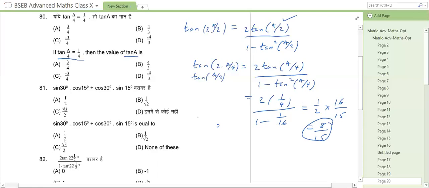So what we can say is, tan of A over 2 is equal to 8 over 15. Therefore, tan of A is equal to 2 into 8 over 15 divided by 1 minus 8 squared over 15 squared, which is 64 over 225.